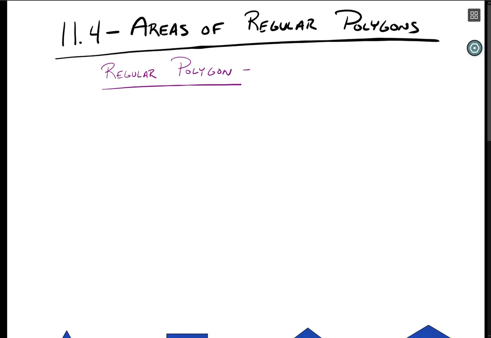What is a regular polygon? It's a polygon with congruent sides and angles.